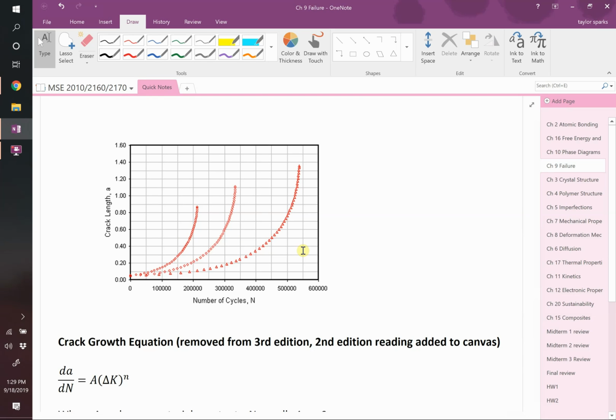So here's our crack length on the y-axis. On the x-axis, we've got your number of cycles. And you've got three different stresses here, right? Each one of these three different symbols represent different stresses. Which one do you think is the highest stress? Yeah, the smallest one. Why is that?